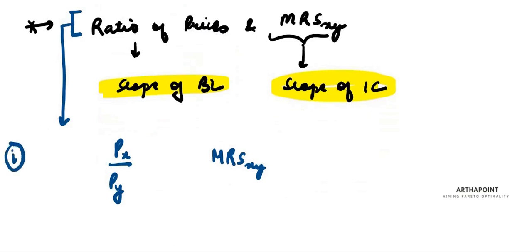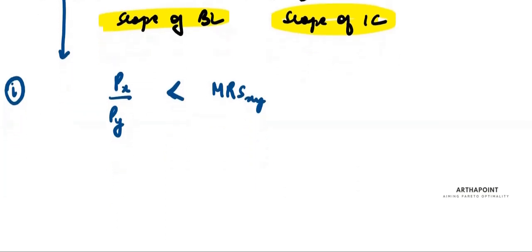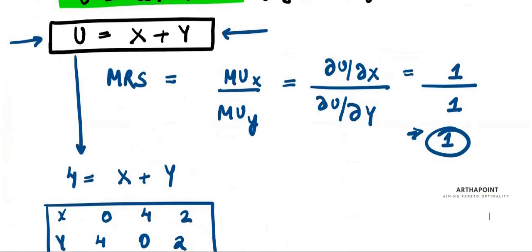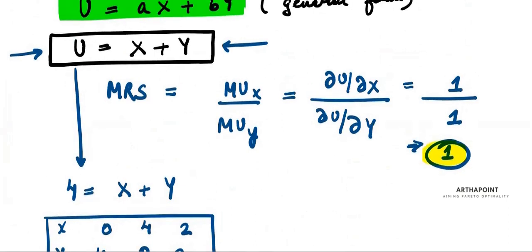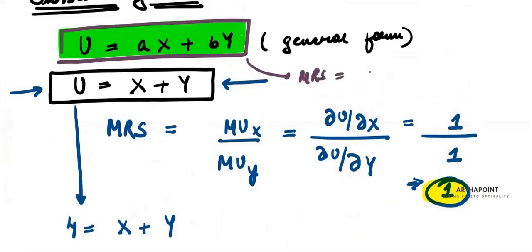I will take the first scenario when this is less than MRS XY. In my case, I found that MRS XY is simply 1. This depends again: had my function been AX plus BY, then my MRS would have been A by B, differentiating with respect to X upon differentiating with respect to Y. In this case, I got 1 by 1, so the answer is 1.